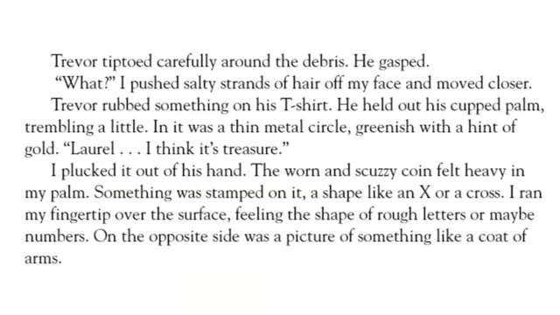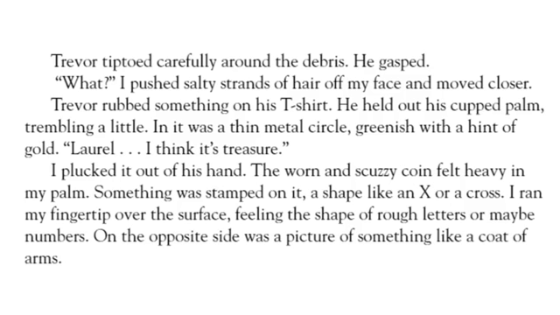Trevor tiptoed carefully around the debris. He gasped. "What?" I pushed salty strands of hair off my face and moved closer. Trevor rubbed something on his t-shirt. He held out his cupped palm, trembling a little. In it was a thin metal circle, greenish with a hint of gold. "Laurel, I think it's treasure."